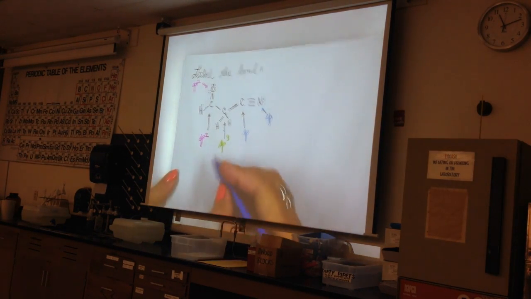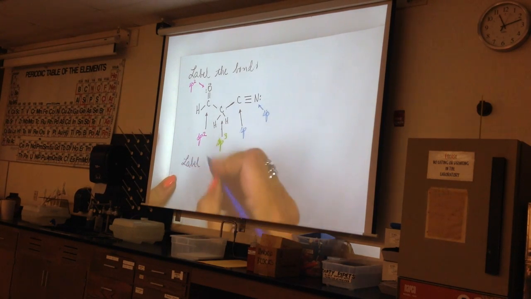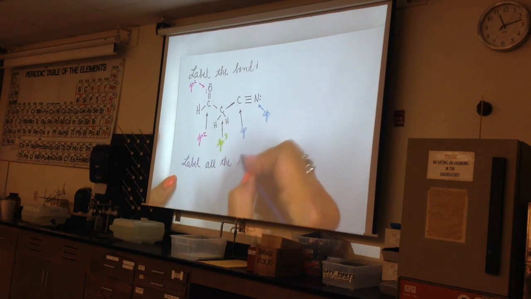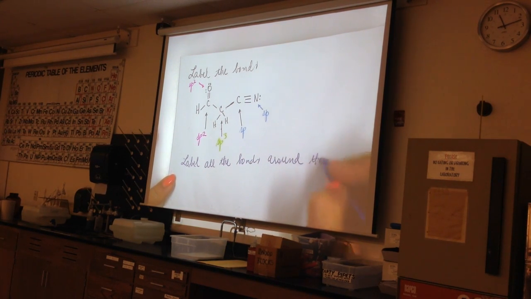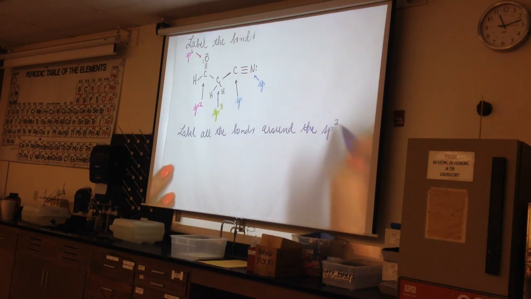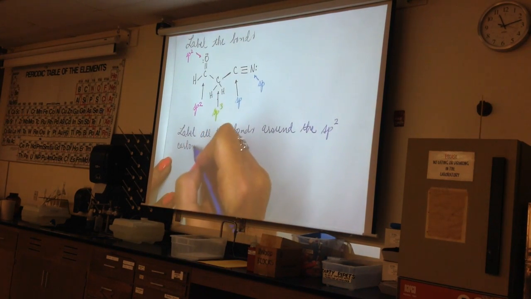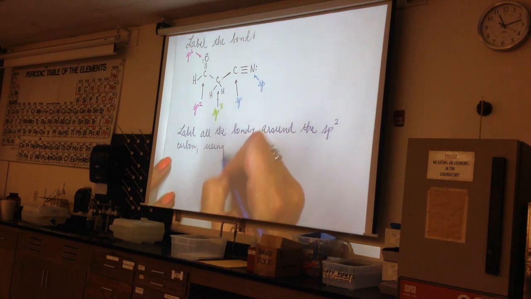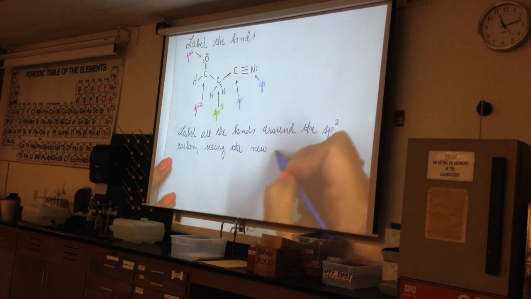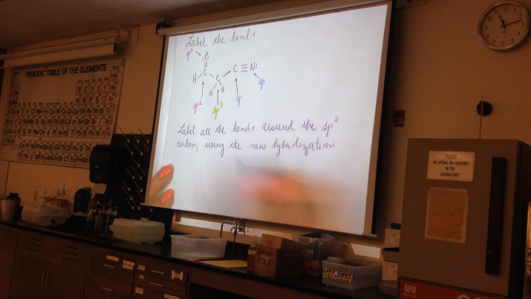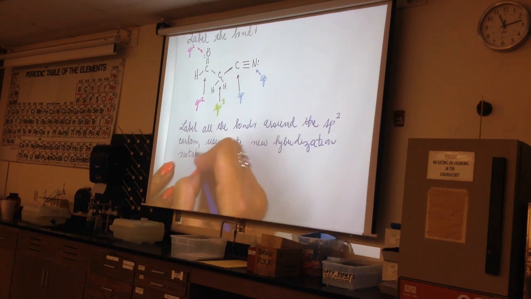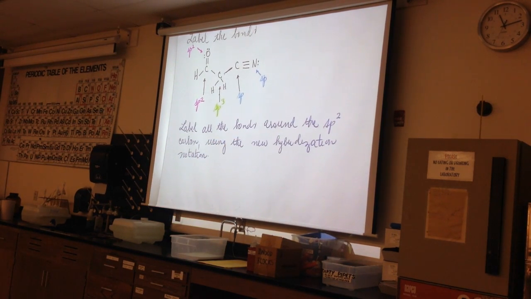Label all the bonds around the sp2 carbon using the new hybridization notation. I don't know what else to call this. Did you use this notation in Chem 1 and 2? The sigma carbon sp3? I don't think so. That's why I'm calling it the new.